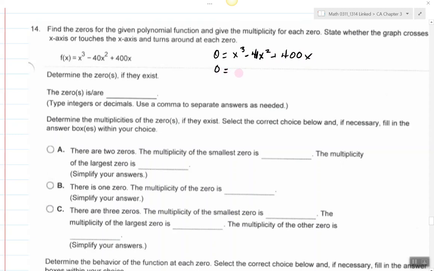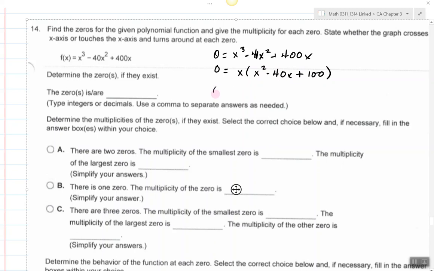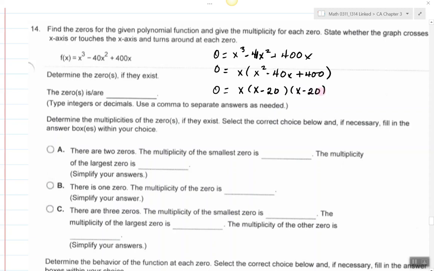So 0 is equal to x times x squared minus 40x plus 400. So x minus 20, x minus 20. So a slightly better way to write this would be x times x minus 20 squared.